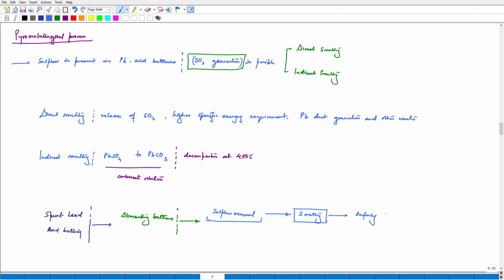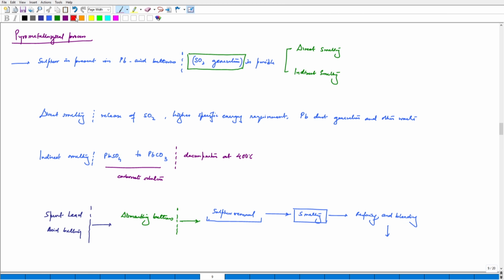Of course refining would be required, because most of the product that we will be getting is around 85% or more rich, but it's not 100% pure lead. So one has to at least approach 95% concentration. So for that one has to go for refining and blending. This would give us what?